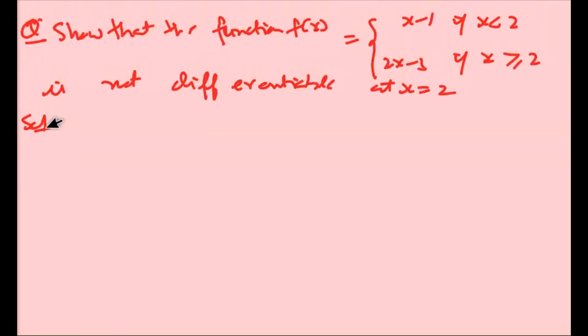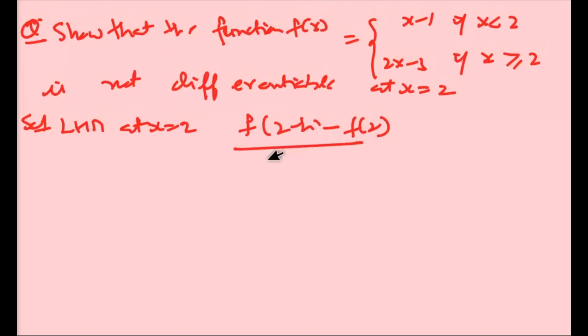Okay, so we can take LHD at x equal to 2. So we can say (f(2 minus h) minus f(2)) upon (2 minus h minus 2), h tends towards 0.